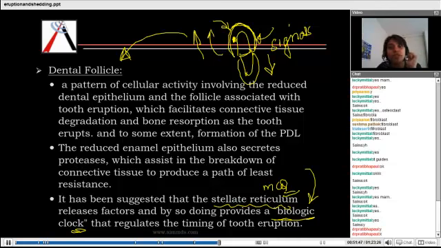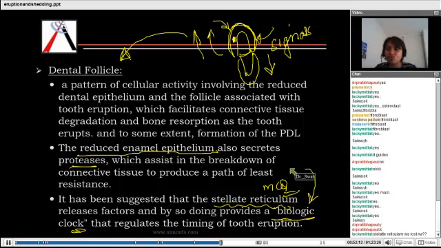There's one more point that you need to know, that the reduced enamel epithelium that is surrounding the crown produces proteases, which can degrade the connective tissue and help the tooth to erupt. Although we do not have many solid proofs for this theory as well.